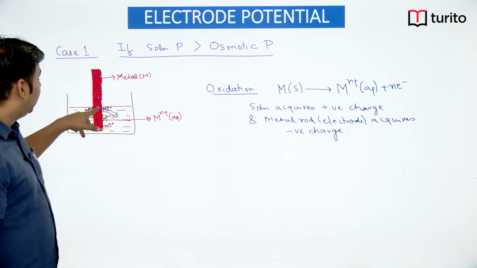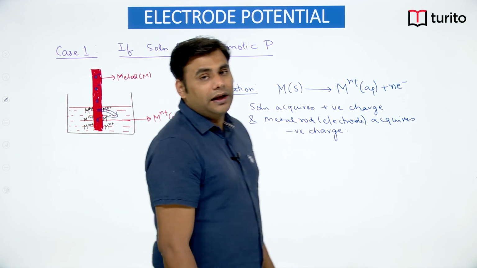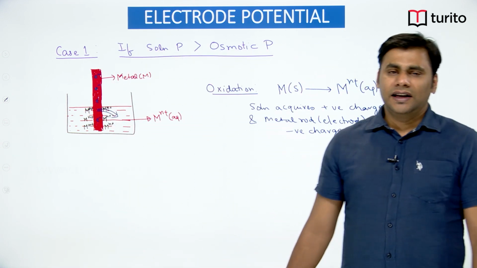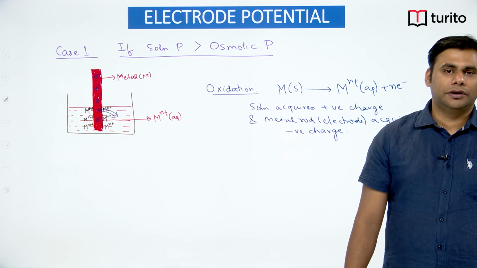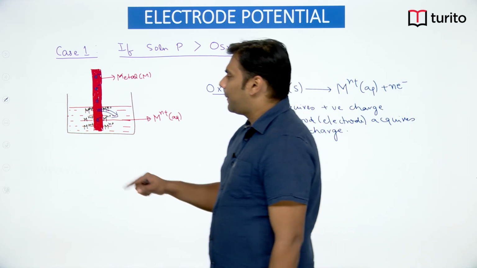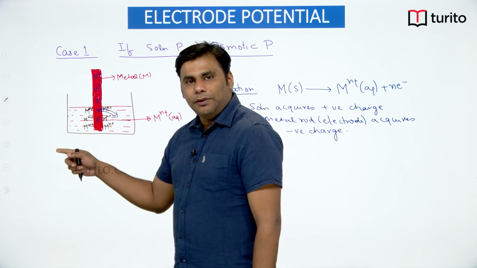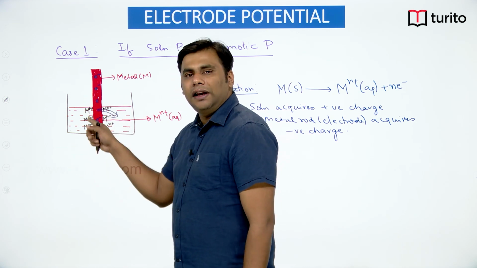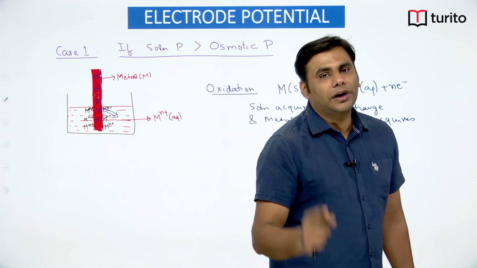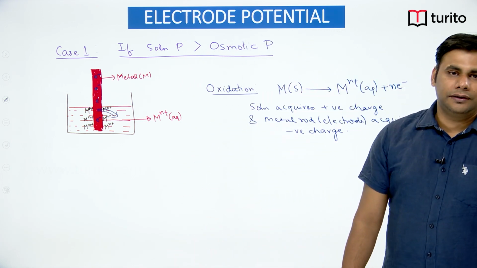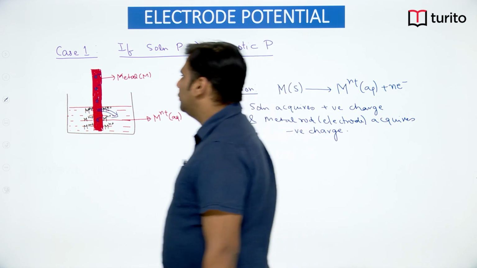Due to this electrical double layer, a potential is set up between the rod and its aqueous solution. This potential set up between the metal and the metal ion in the aqueous solution is known as electrode potential. Hope this is clear to you.